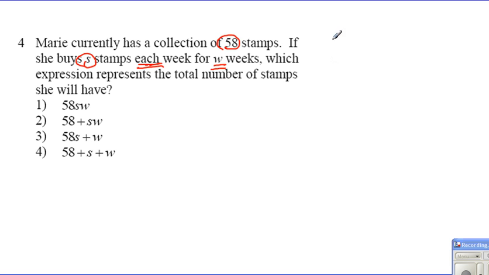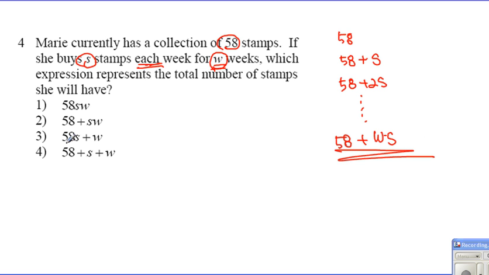After 1 week, it will be 58 plus S, because she buys S stamps each week. The following week will be 58 plus 2S. If you have W weeks, it will be 58, the original, plus S for W weeks. So this becomes our answer, which is choice number 2.